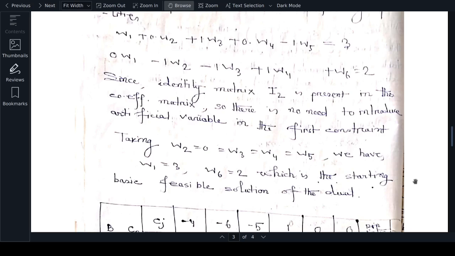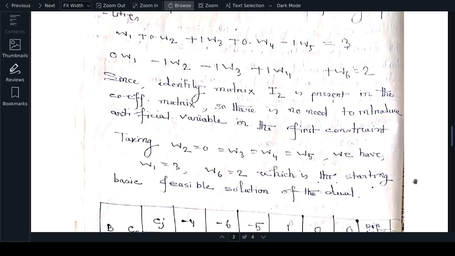Next you see, for which variable we get the identity matrix of order 2. Here you see W1 coefficient is 1 and in the second equation W1 coefficient is 0.